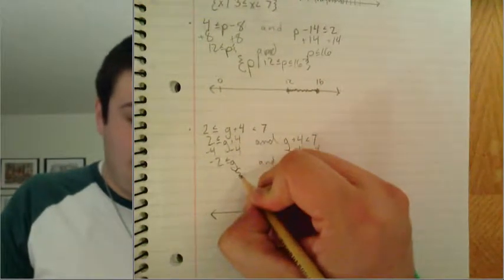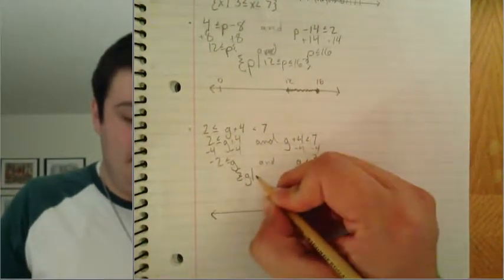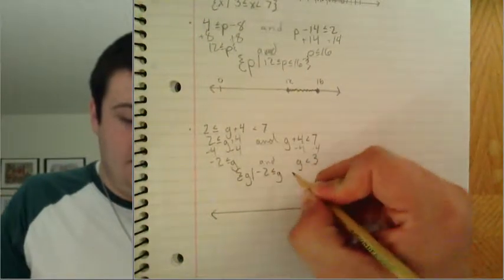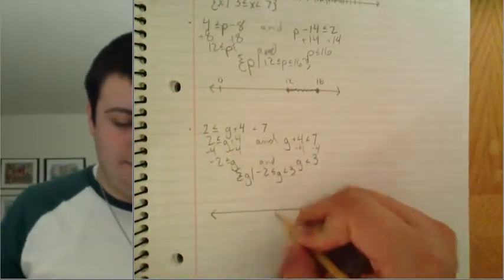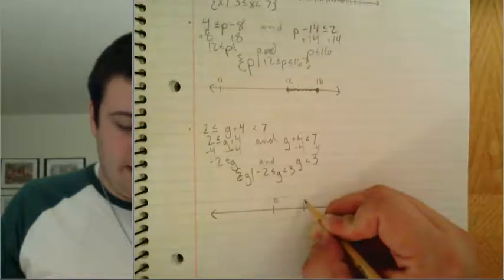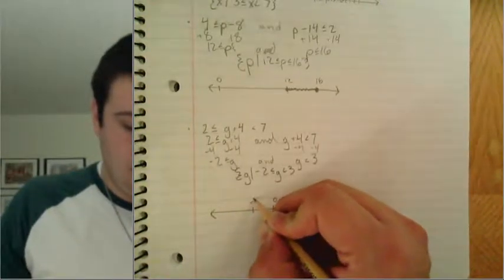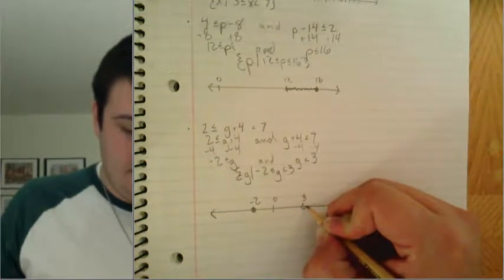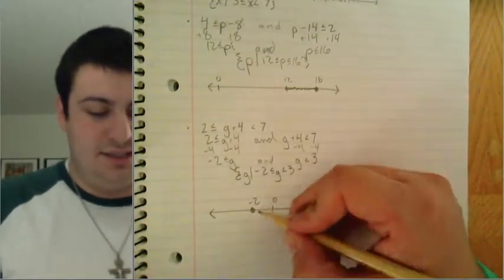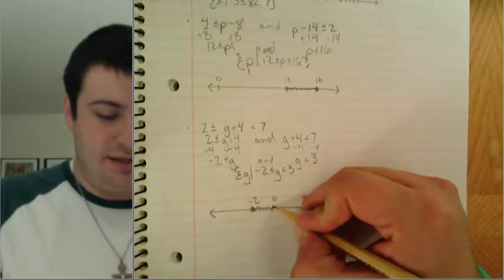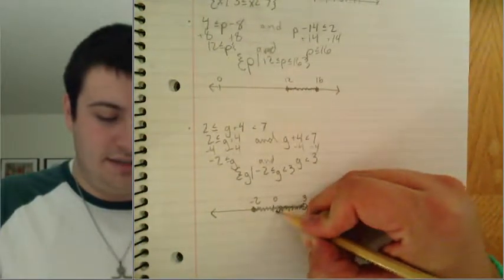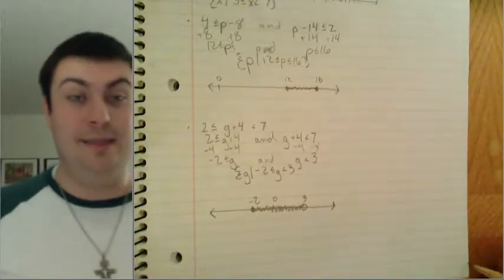When I combine these, because it's an AND statement, I'll have g such that negative 2 is less than or equal to g is less than 3. When I graph, I know I'm going to have a closed circle on negative 2 and an open circle on 3. This is true when g is greater than or equal to negative 2 and less than 3. So it's going to be this zone here in the middle.